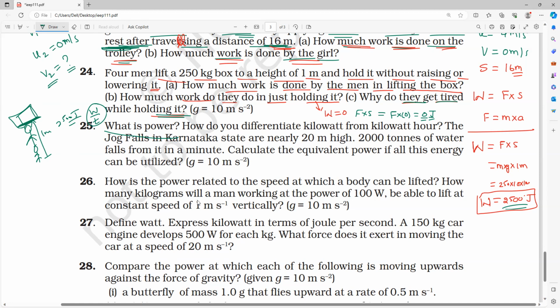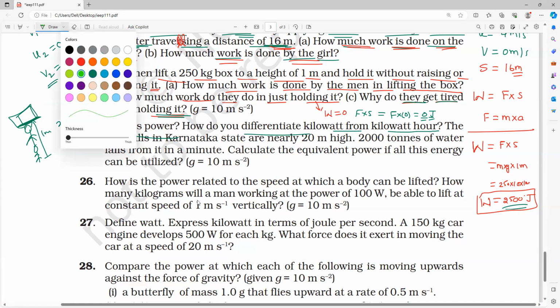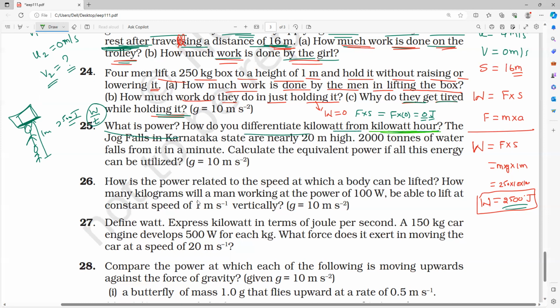Next, how do you differentiate kilowatt from kilowatt hour? You all know. Kilowatt is the unit of what? Kilowatt is the unit of power. Kilowatt hour is the unit of energy.